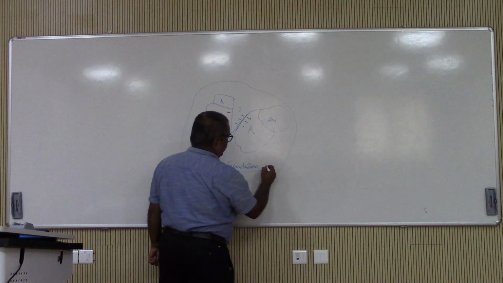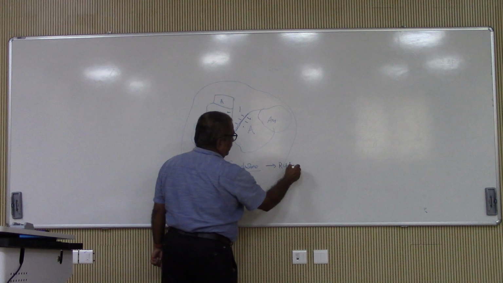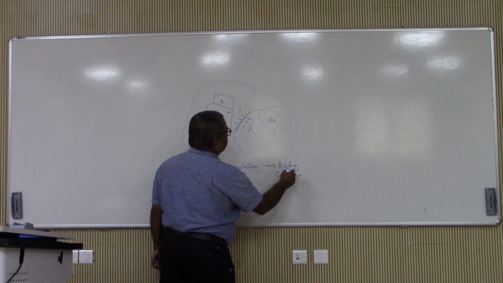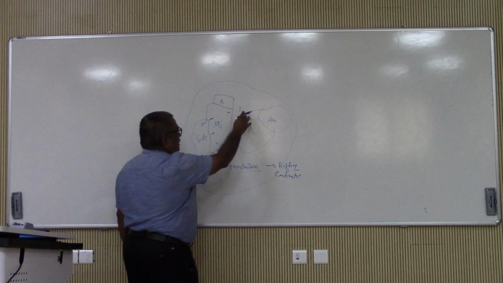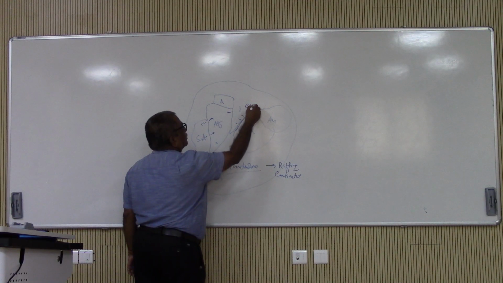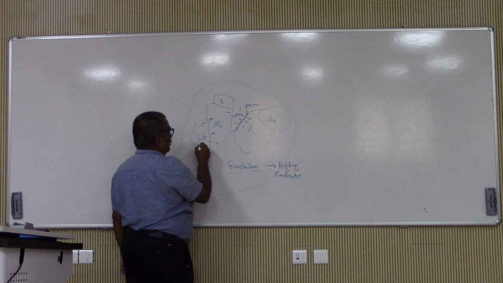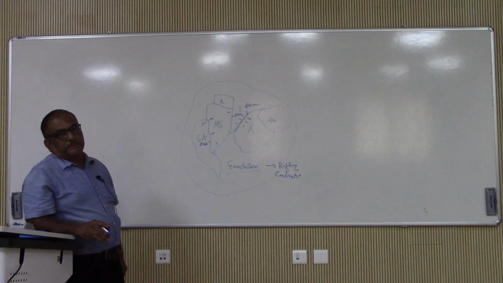This Gondwana supercontinent underwent a continental rifting. Understood? So along this zone ocean was developed. यहाँ ocean develop हो गया, इधर भी ocean develop हो गया, यहाँ भी ocean develop हो गया. So along the zone of rifting oceans developed.